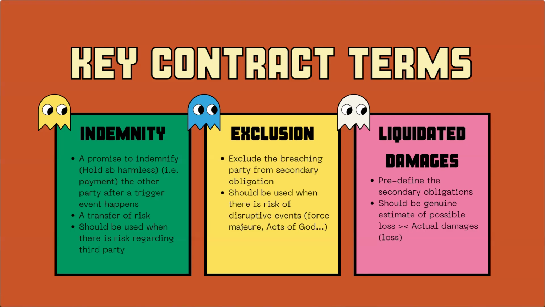Normally, it protects against damages or a claim from a third party. An indemnity is a transfer of risk, and it is a primary obligation, although it is conditional. The obligation here only arises when the trigger event happens.